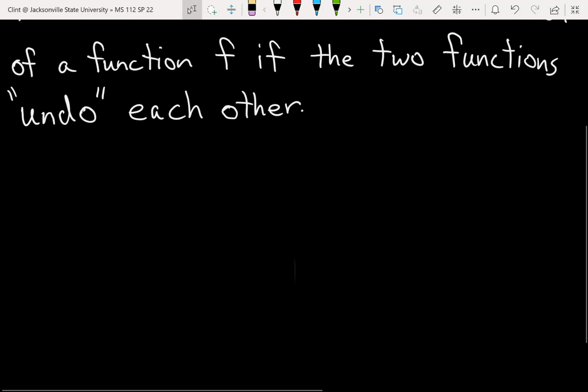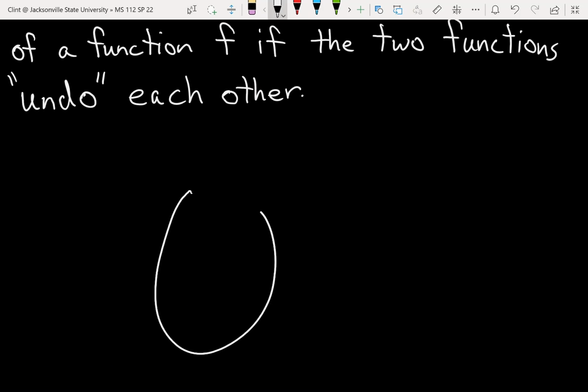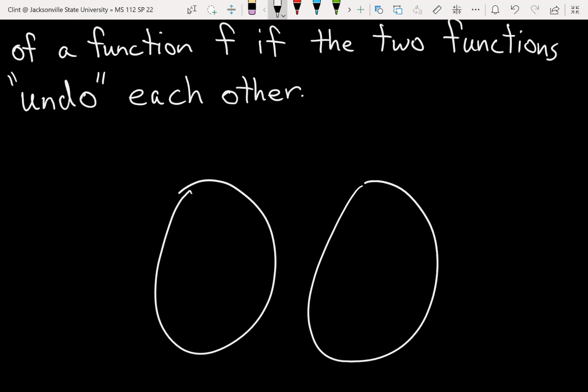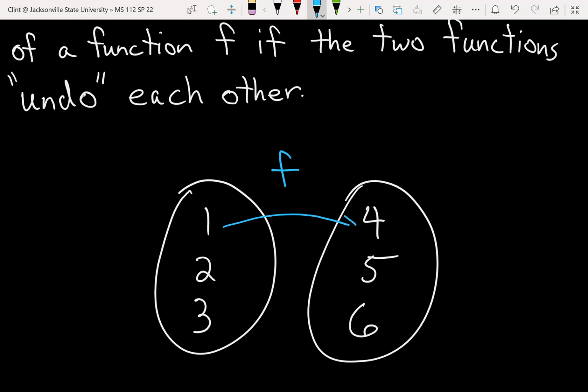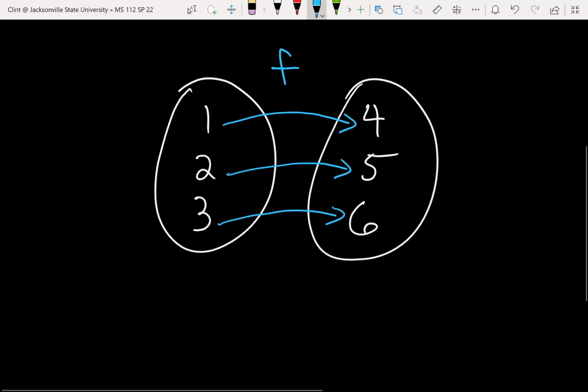So let's kind of do one of our little bubble charts here. Okay. So we might have a function f that sends 1 to 4, 2 to 5, and 3 to 6.